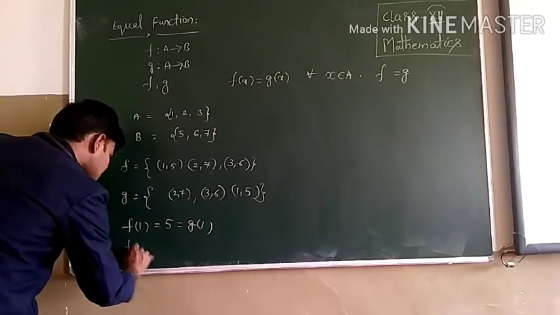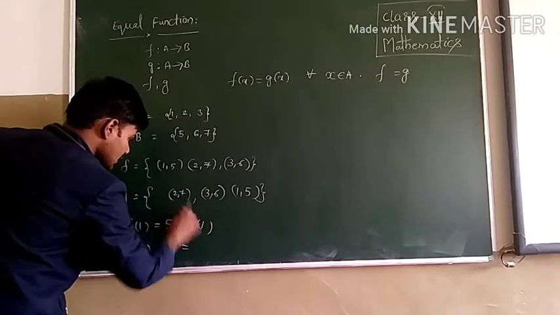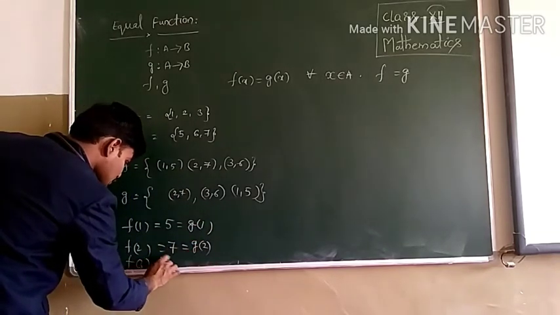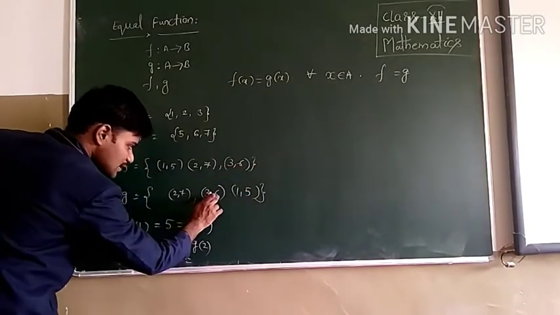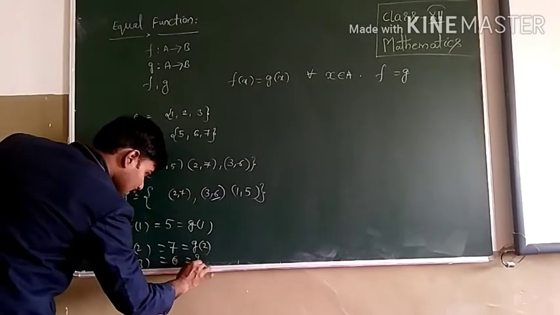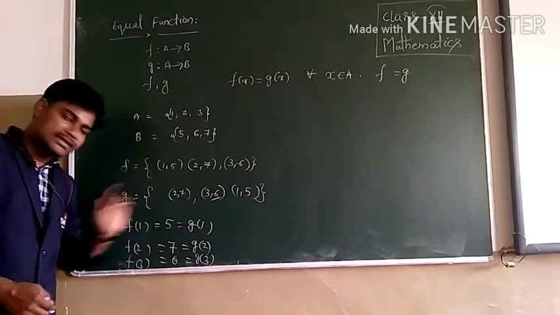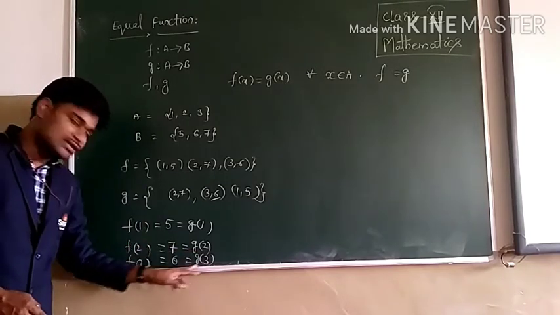Next, f of 2 is how much? It is 7. Then g of 2 is also 7. Next, f of 3 is how much? 6. Then g of 3 is also 6. Now we can understand that f of 1 is equal to g of 1, f of 2 is equal to g of 2, f of 3 is equal to g of 3.